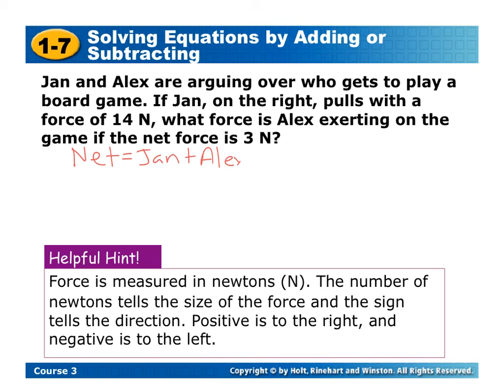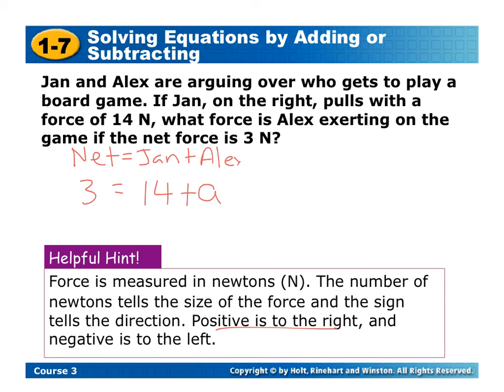The net force is 3, and Jan is pulling with a force of 14, but they are pulling to the right. Remember, positive is to the right, so we'd have a positive 14 plus Alex's value.